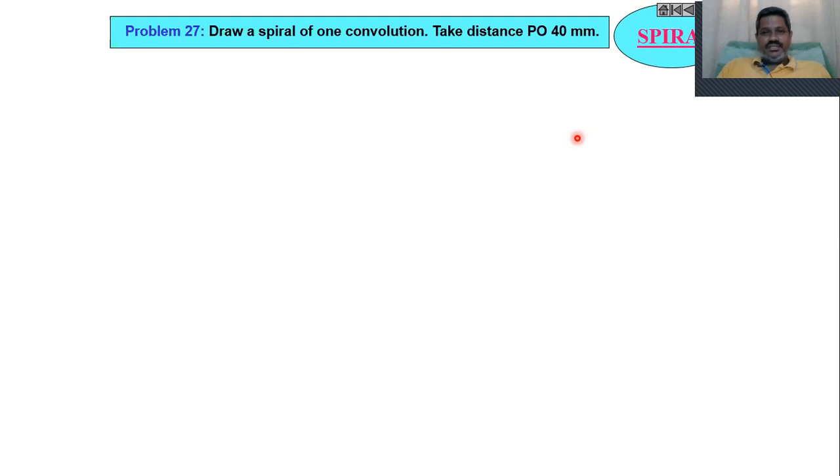About that point, a point is going to revolve, and as well as this point is also going to move towards the fixed point or towards the origin. In that case, if you trace the path of that point, that path is called spiral.